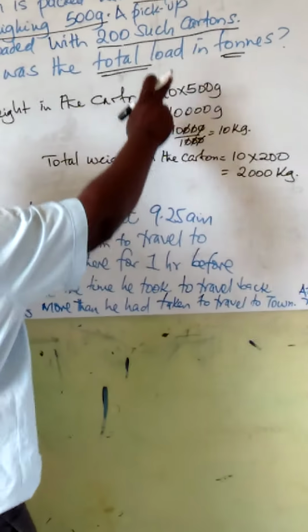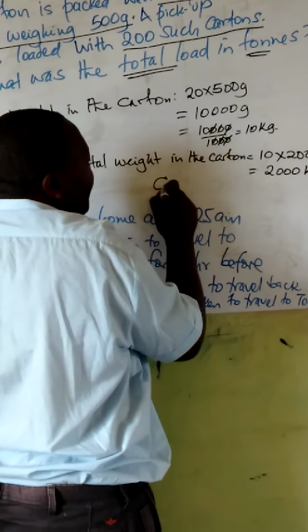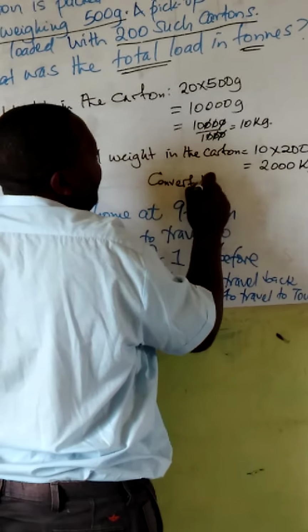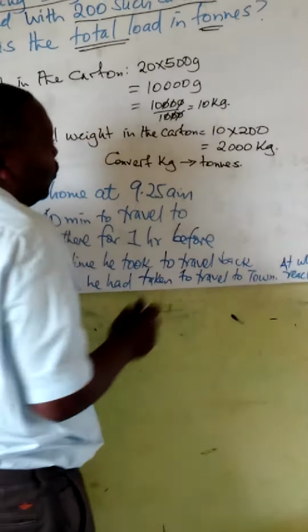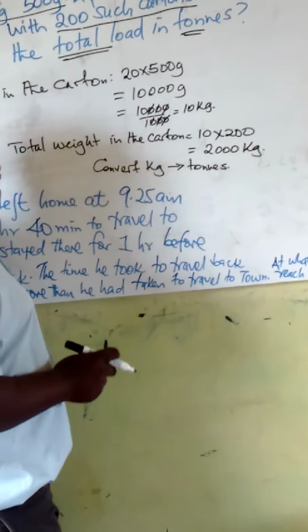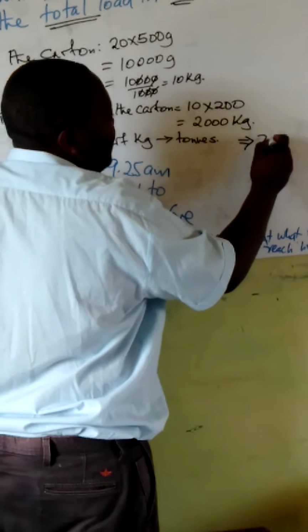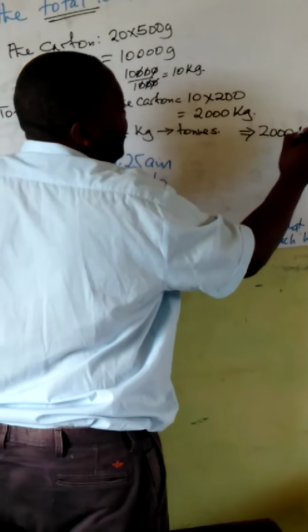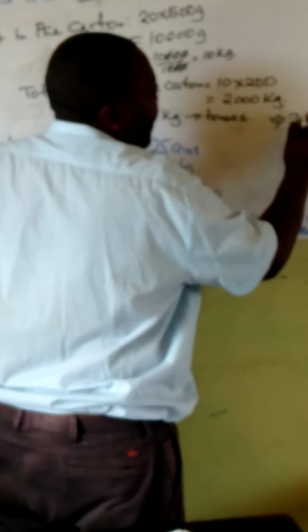And remember, the question is the total load in tons, so you have to convert kg into tons, and I know you know how to do that. You divide this by 1,000 to get your answer in tons. So 2,000 kg divided by 1,000 is going to give you 2 tons.